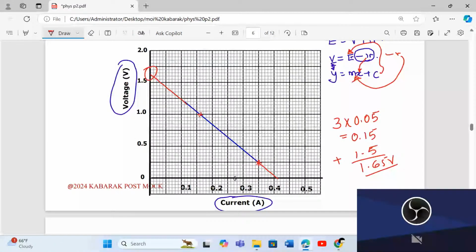Then now I will draw some dotted lines to indicate where my points are. Like that. Then now this is the change in y and this is the change in x.